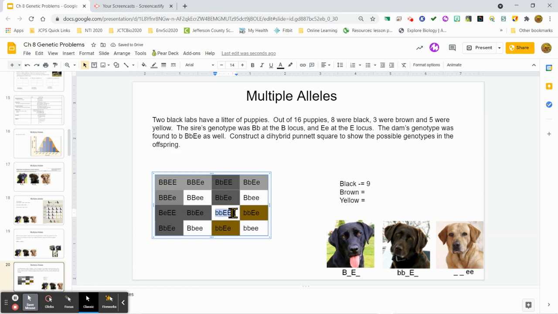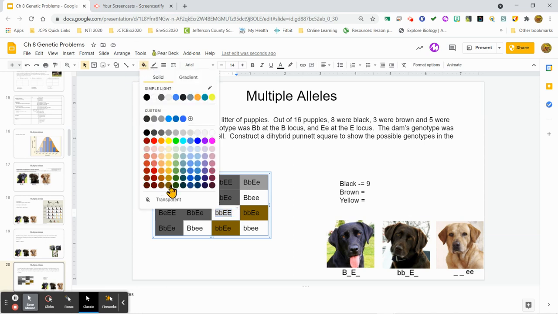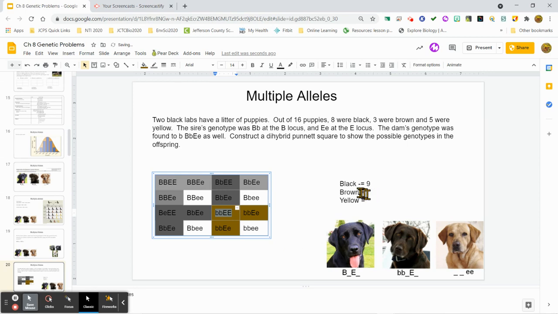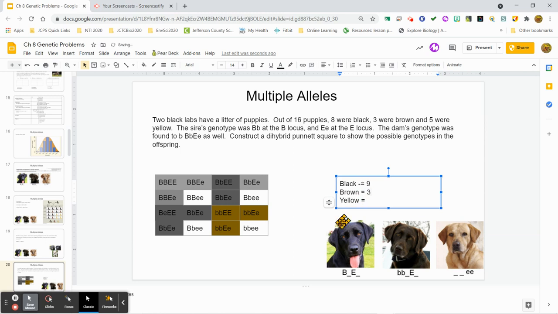And it would be also this one right here. All right, so you should have 3 brown dogs. And then the yellows, it doesn't matter what the B's are, but they're going to be little E's, right? And here you are going to have 4 yellow labs because these all have little E's. So that's that problem there.